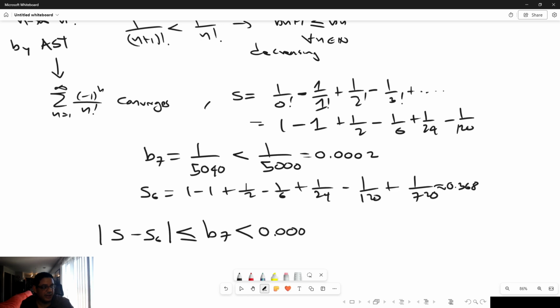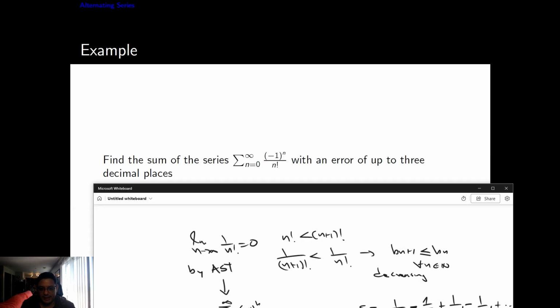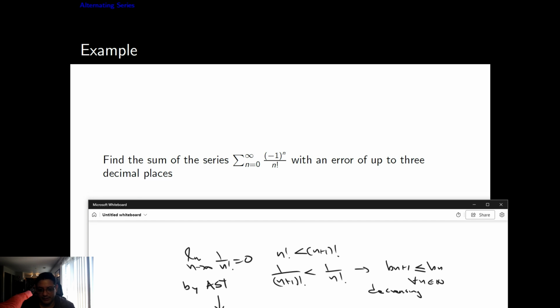So this is an error of less than 0.02%, 0.0002. And it's not going to affect the third decimal place. So we have this correct up to 3 decimal places, because notice that this factor is not going to affect really this one. Okay.